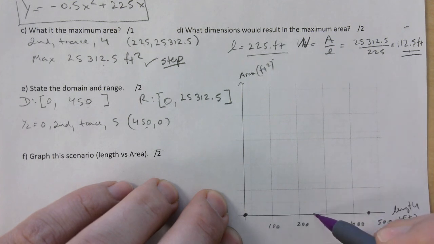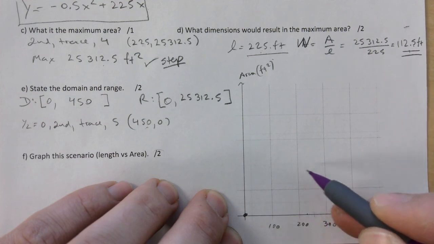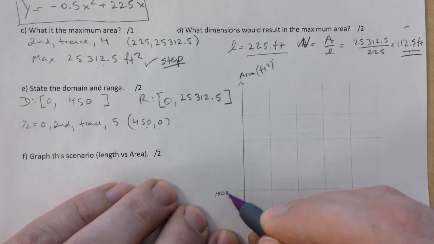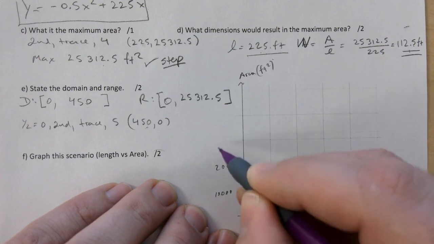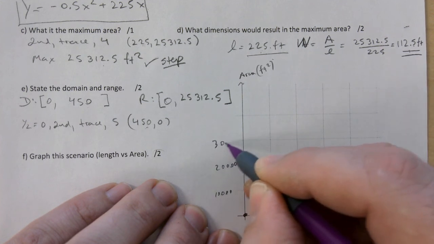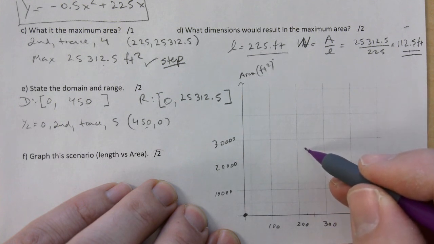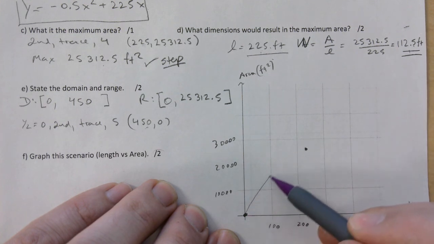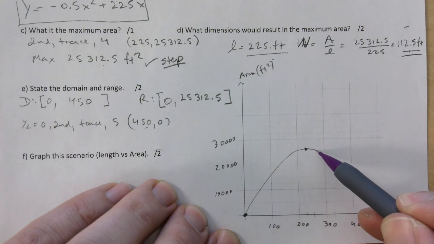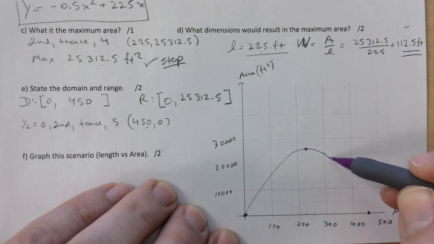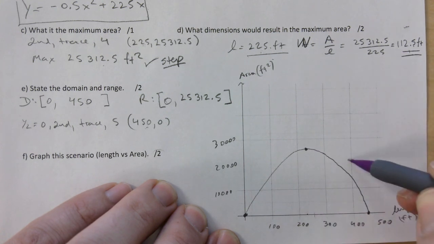I'm at 225, so this will be 250. 225 is between those two. I go straight up. I think I'm going to go 10,000 at a time here. So 225, 25,000 is right about there. And don't forget your equation.